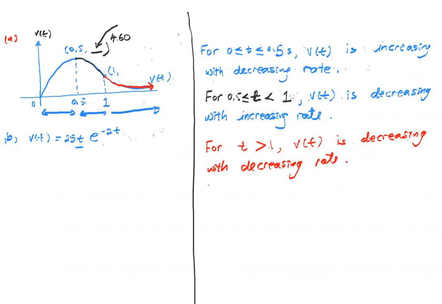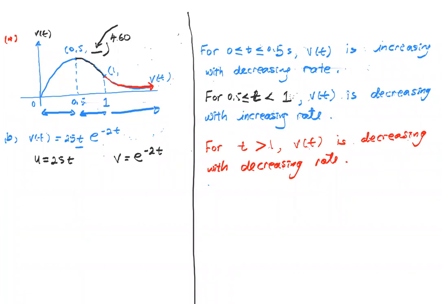So your u will be 25t. Your v will be e to the power negative 2t. Please differentiate this.